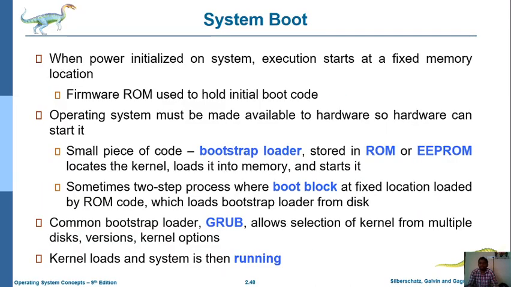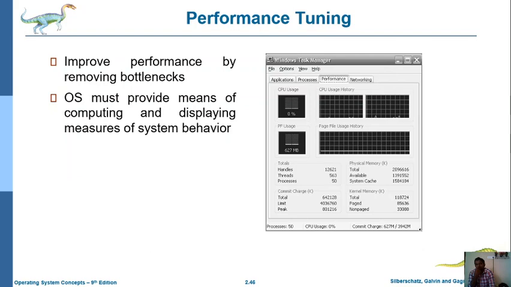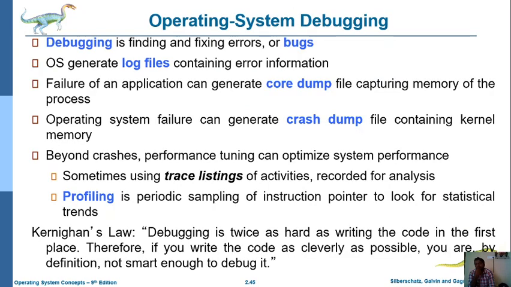So these are the details about system booting, operating system generations and operating system debugging. In operating system generations, we try to improve system performance from one generation to another, and also add some additional features from one generation to another. In operating system debugging, we try to find and fix the errors in the operating system.